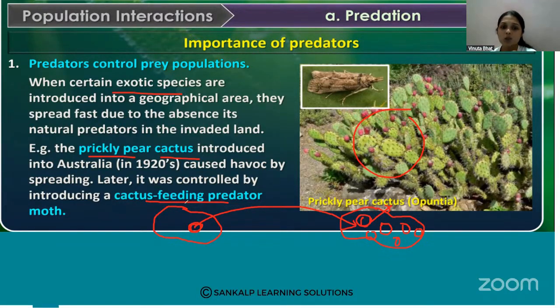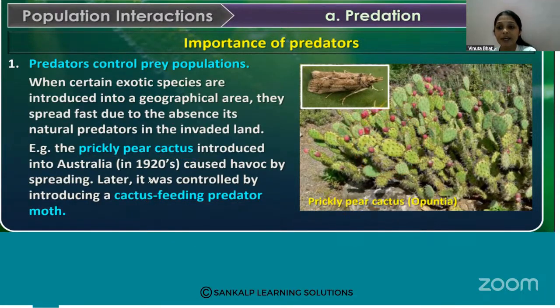So the cactus-feeding predator moth was introduced to control the growth of this cactus. Okay, so this is the effect if the predators or prey are not there in the environment, which may cause environmental imbalance.